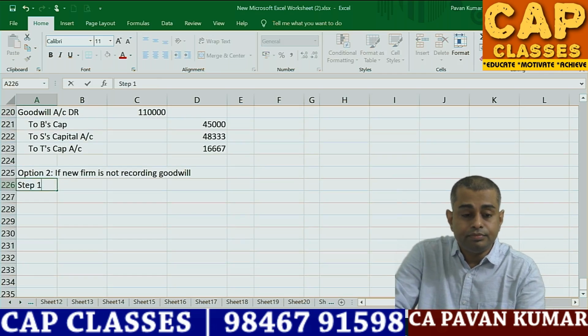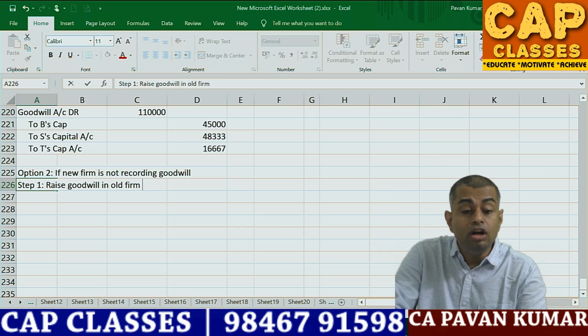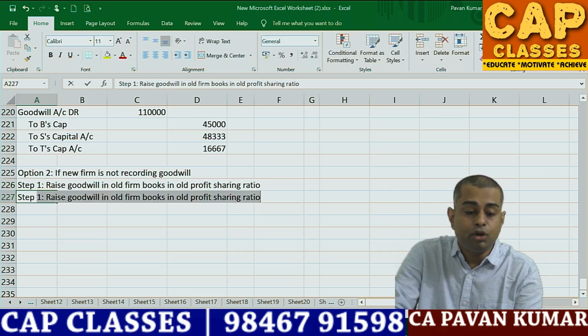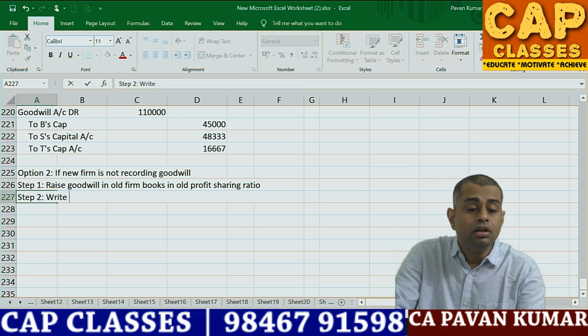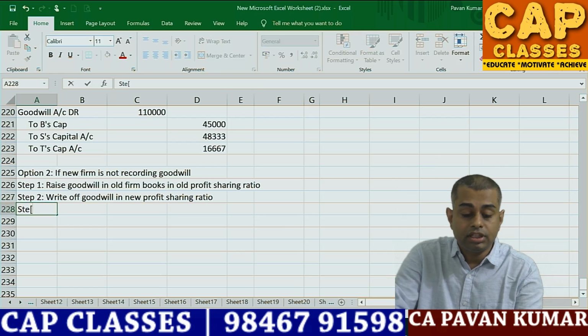Step 1. Raise goodwill in old firm's books in old profit sharing ratio. Step 2. Write off goodwill in new profit sharing ratio. Step 3.